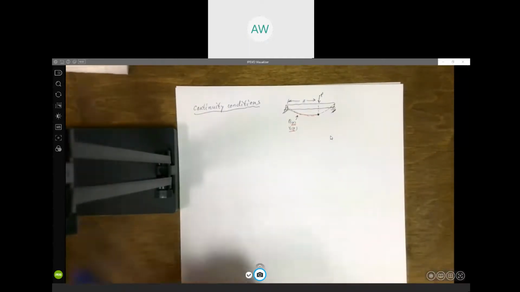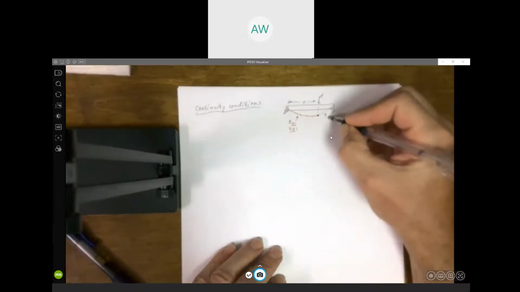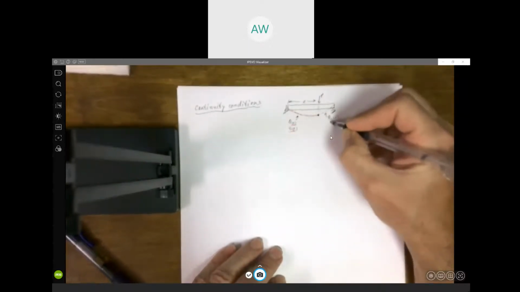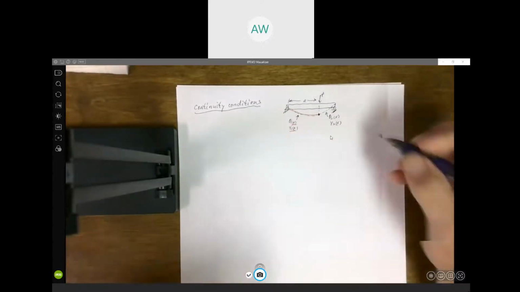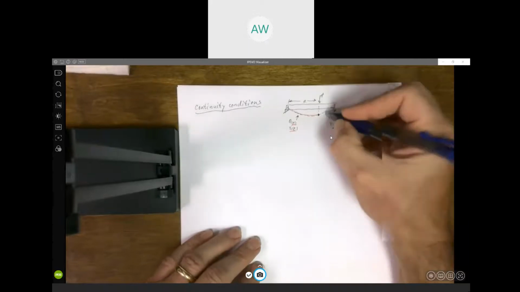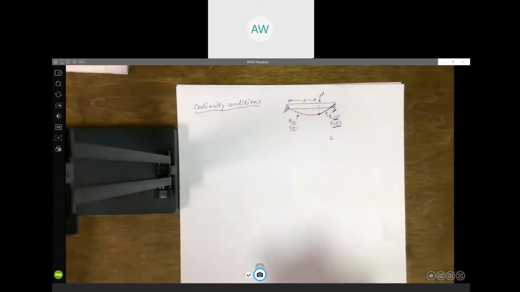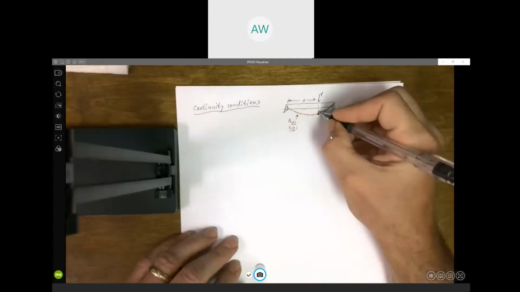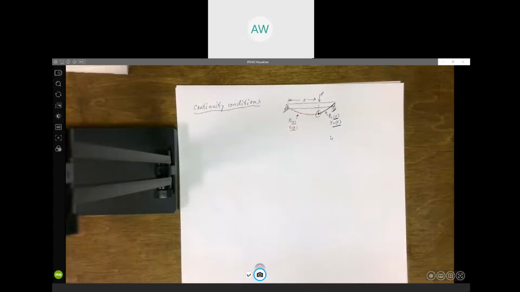But then we had the second set of equations. They were for this part of the beam. Those equations apply to this part of the beam. But right here where they meet, they've got to give me the same values.